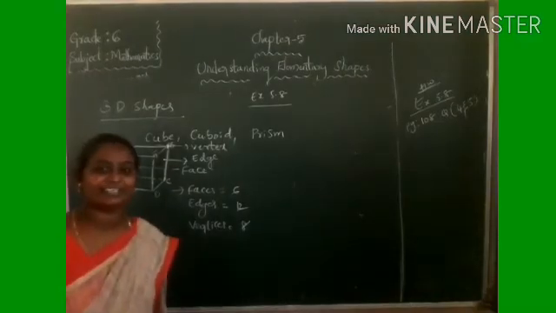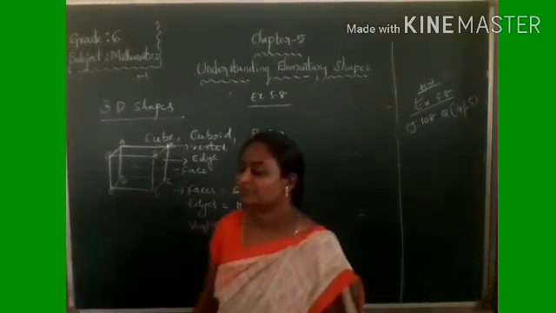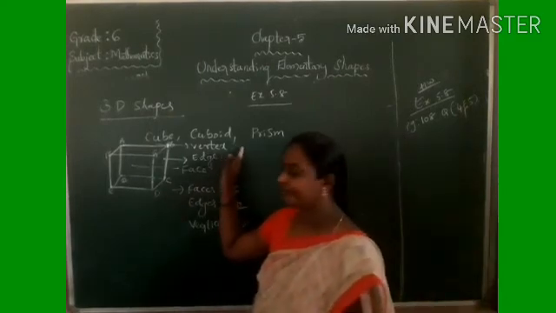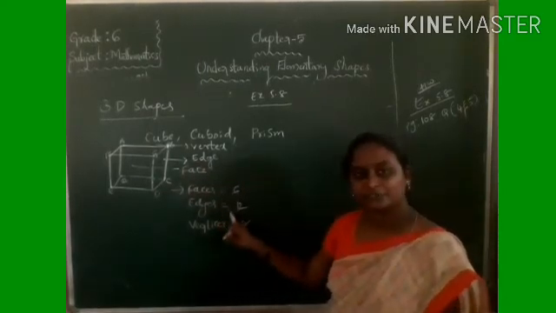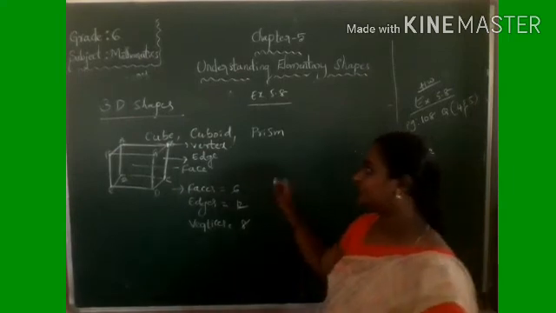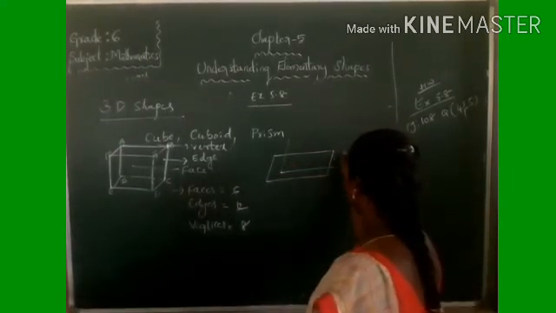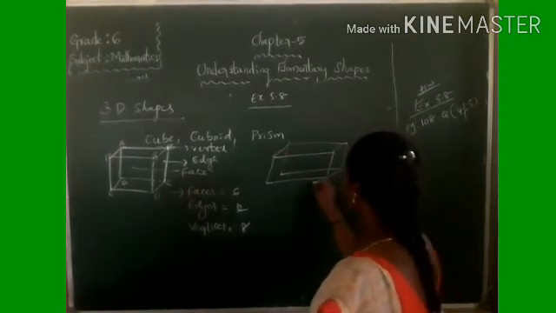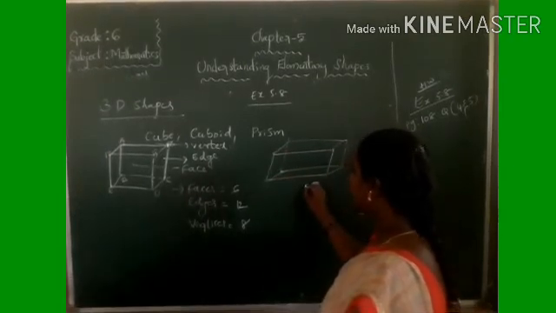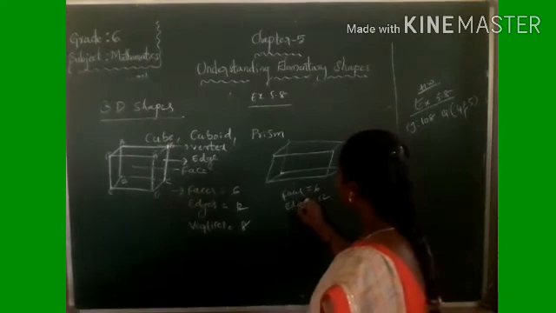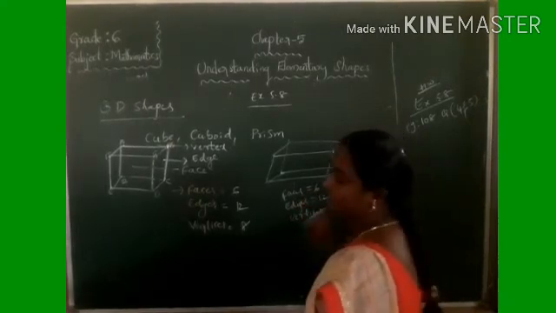Children, have you enjoyed the video? Very nice. What did you observe from cube and cuboid? Have you seen? Yes. So this cube has 6 faces, 12 edges, and 8 vertices. The cuboid also has the same: 6 faces, 12 edges, and 8 vertices.